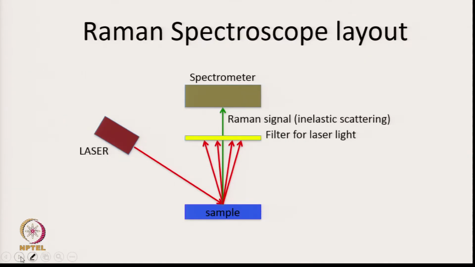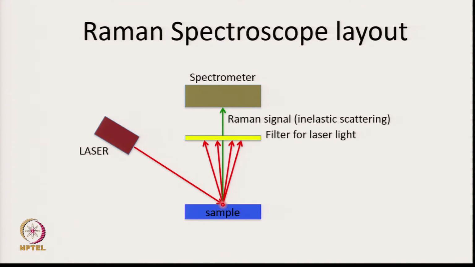So, this is how the Raman spectroscope layout is. So, you have a sample which is shown here, let me take a pointer. So, we have a sample here, and on this sample, as I told you, we need a very strong laser light, a very focused beam which comes onto the sample.